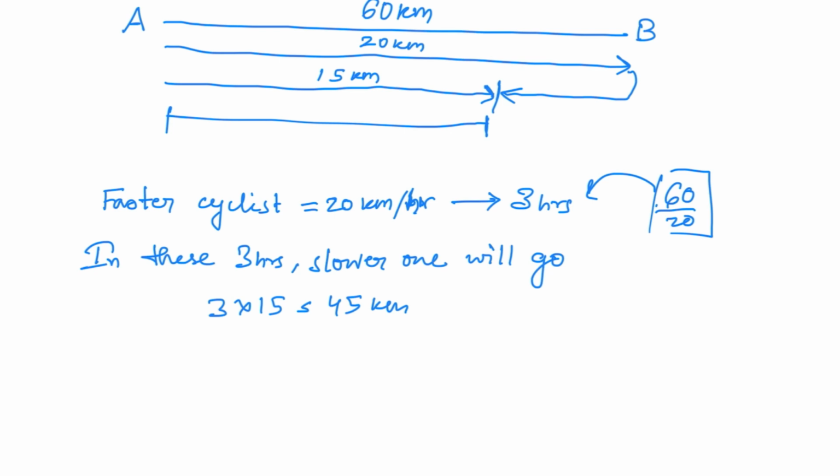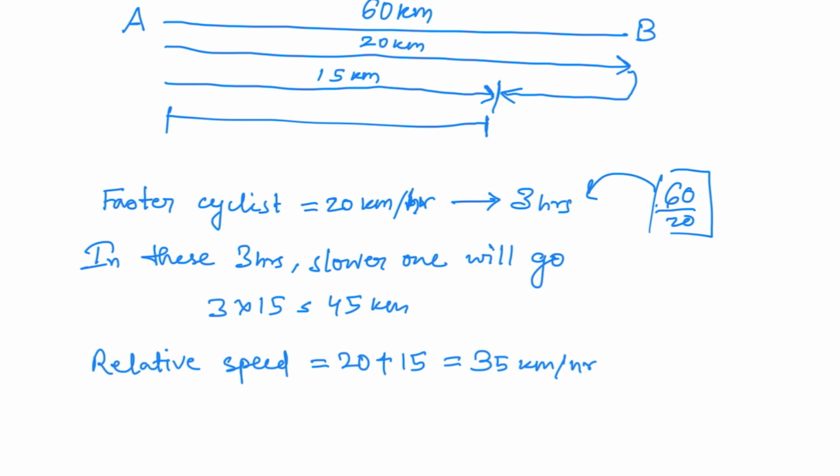Now as they will travel in the opposite direction, we will have to find the relative speed as well. So the relative speed will be 20 plus 15, it is 35 km per hour.